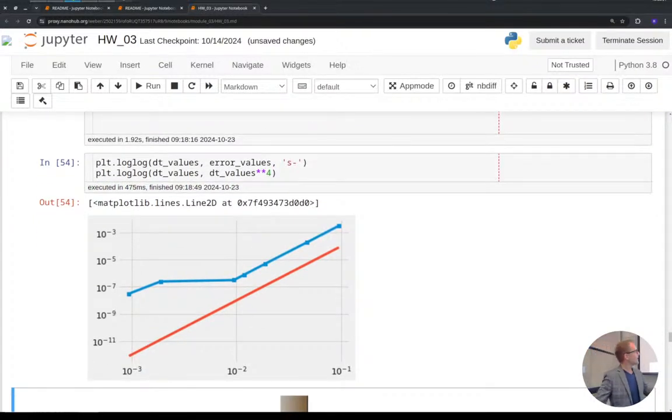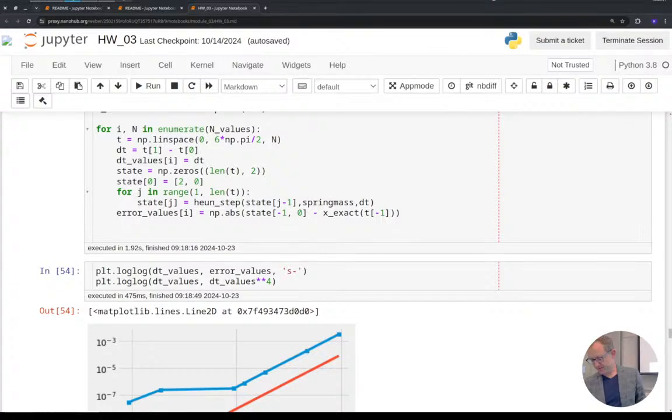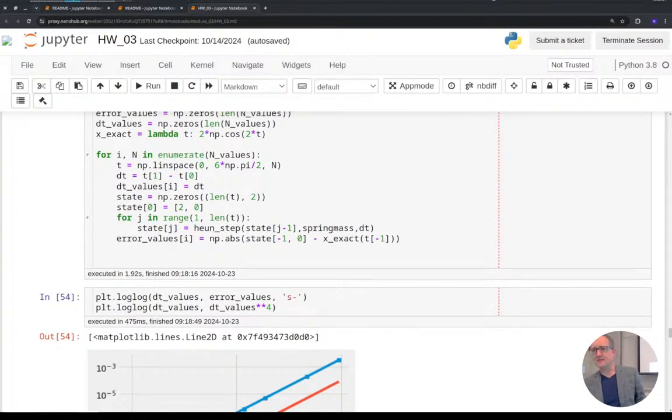From 0.001 to 0.01, it has a slope of 4 in my convergence. But I guess nobody else is dealing with that. It depends on where your last time step is, like where you're trying to converge.